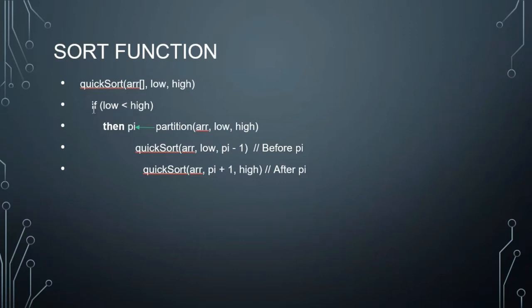Then we check the condition: if the high value is greater than the low, then it will come into it and assign a partition method to it, which gives it the path towards the partition method for the working of the whole system.